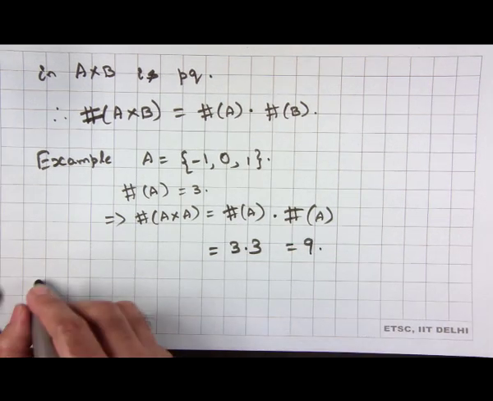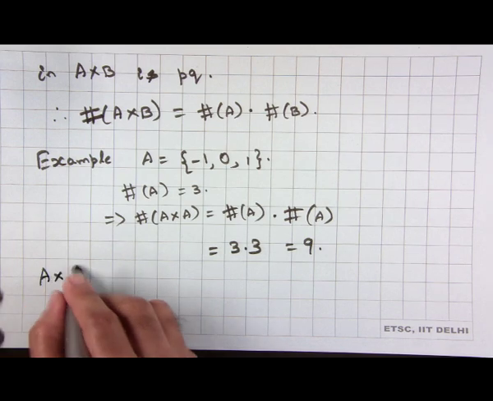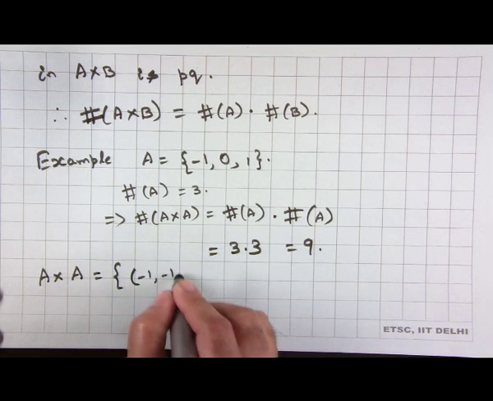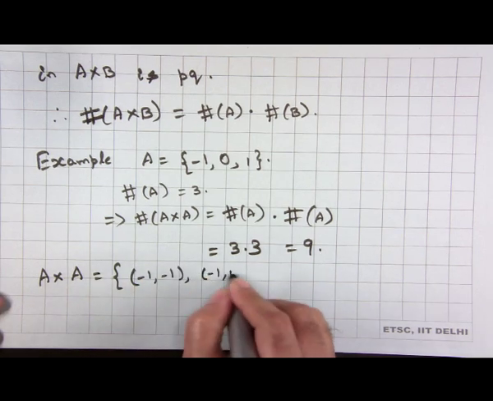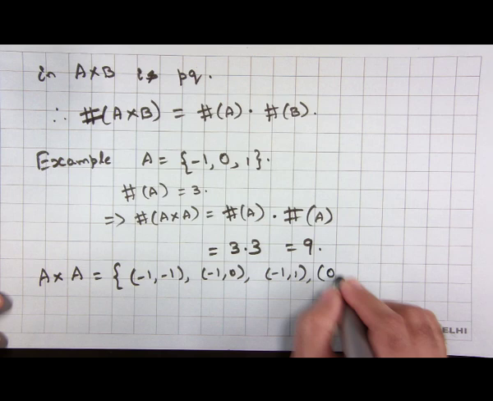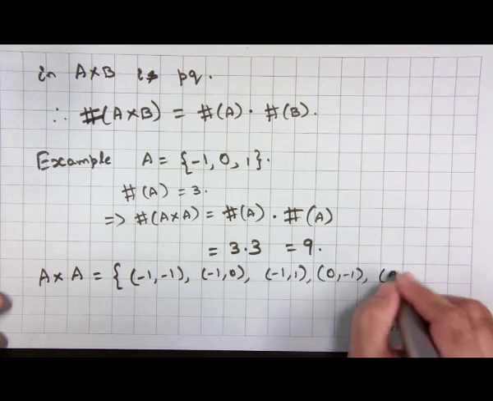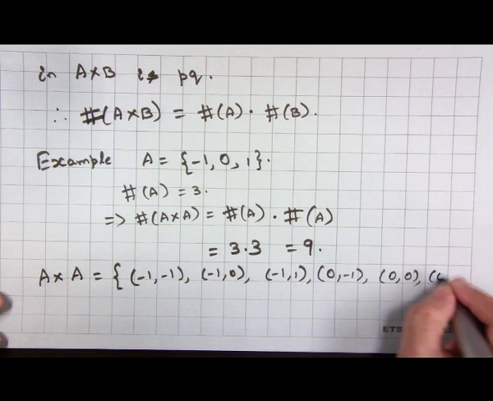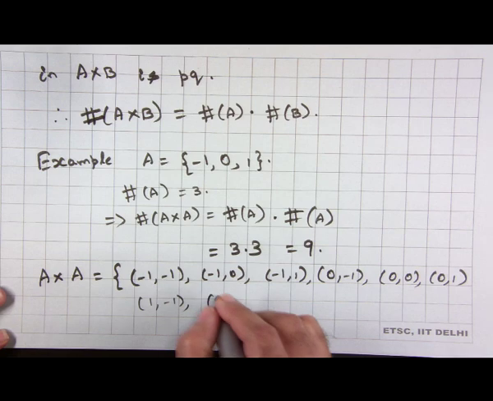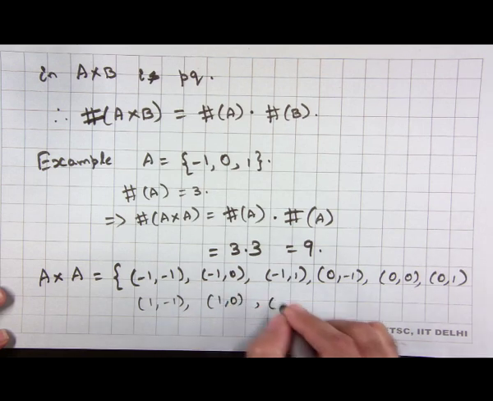But well, now let us write down once again what this A cross A is: minus 1 minus 1, minus 1 0, minus 1 1, 0 minus 1, 0 0, 0 1, 1 minus 1, 1 0, and finally 1 1.